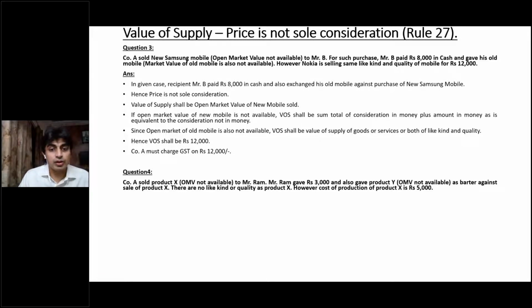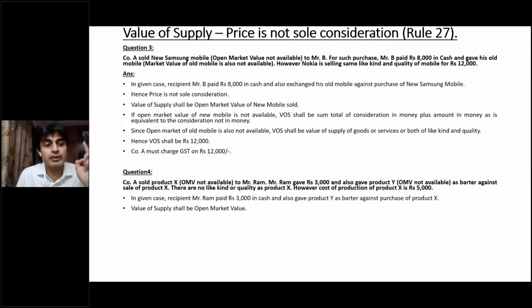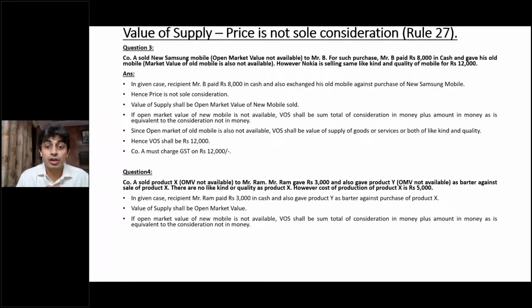So point number 1, have I received only cash of 3,000, or 3,000 cash plus some other product? Yes, I have received 3,000 cash plus I have also received product Y. Hence price is not the sole consideration. Since price is not the sole consideration, we have to follow rule 27. What does it say? Open market value of product X. Is it available? No. So go to step 2.